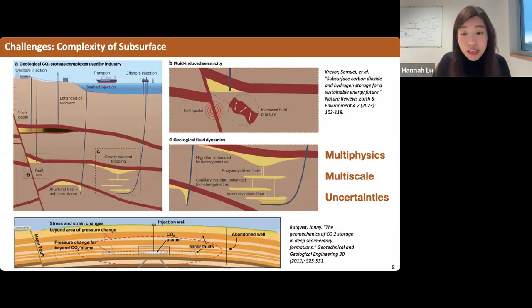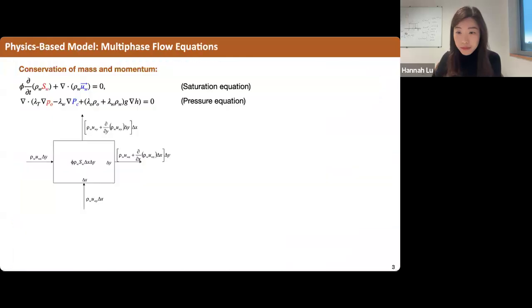Also, with the heterogeneity of the subsurface, the complexity of the process can be summarized as multi-physics, multi-scale, and full of uncertainties. We do have physics knowledge about the system over many years, from conservation of mass and momentum. We basically have the multi-phase flow equations here. Now I'm only considering two phases, not coupling geomechanics, just for simplicity.